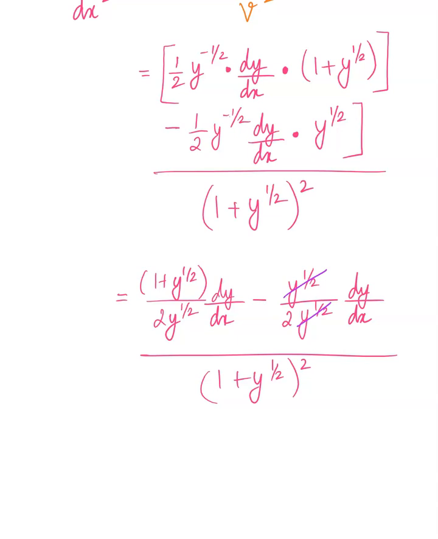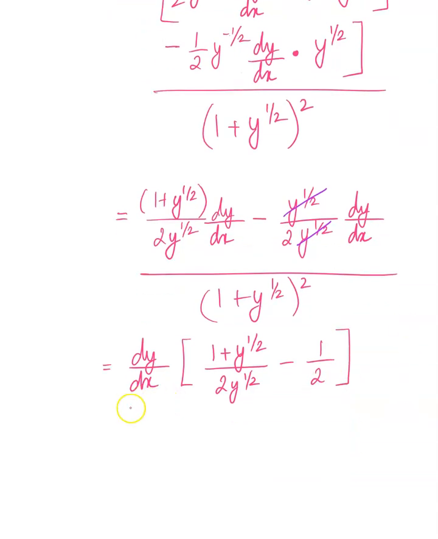And then we have dy over dx. That's common here. Pull that out. Even 2 is common, but let's just pull out the dy over dx. 1 plus y power half over 2y power half minus a half. That's all over 1 plus y power half, the whole squared.